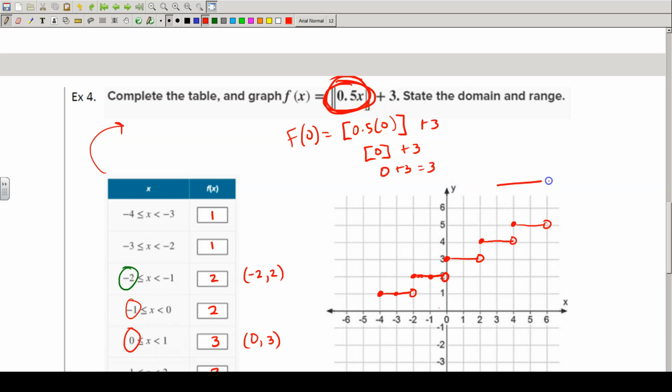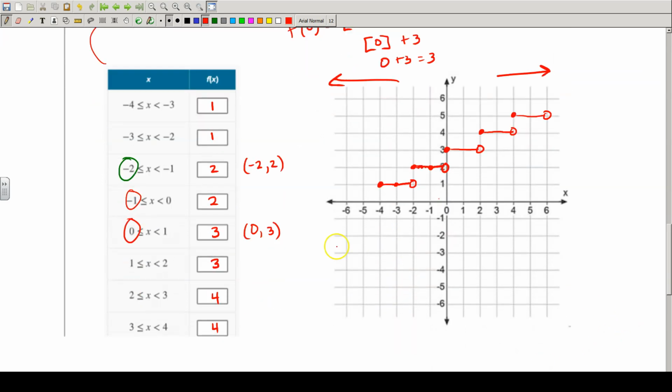So imagine this function is being stretched out left and right because of that 0.5x. If I made this 2x inside of the function, or 3x, my steps would be really scrunched in. It'd be like a compression horizontally. So anyways, that's how you do that problem.